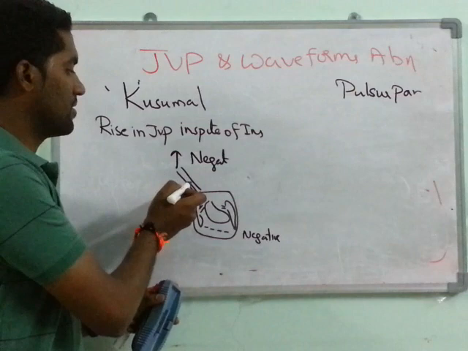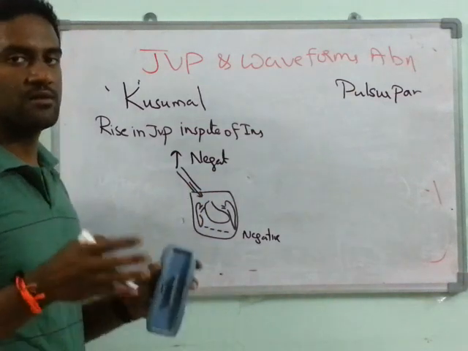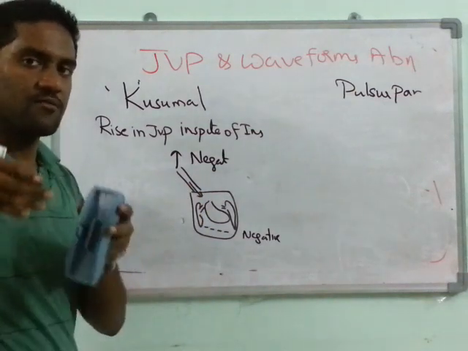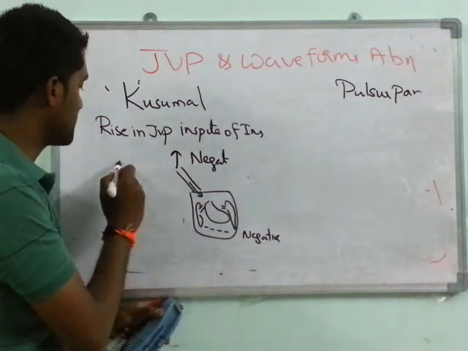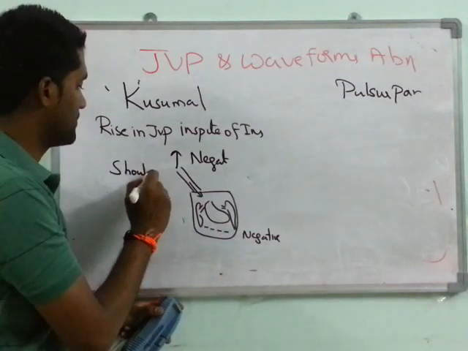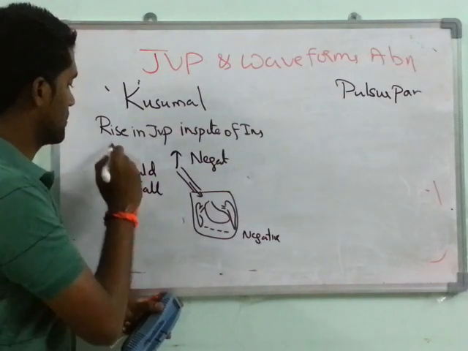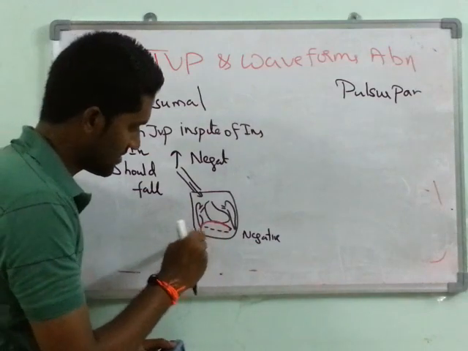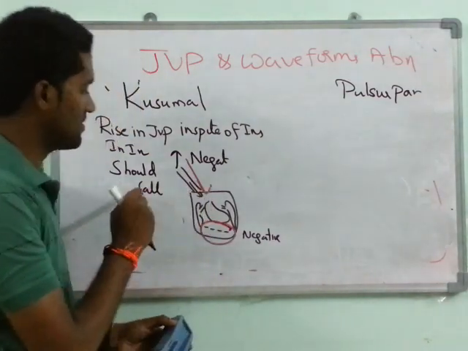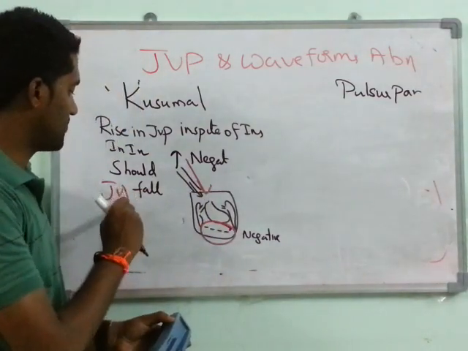Now, due to the pressure difference, during inspiration, blood can flow very easily into the heart. So JVP during inspiration should fall. In inspiration, due to negative pressure, blood flow increases and JVP should fall.